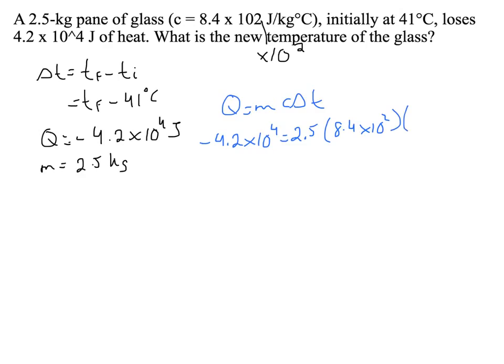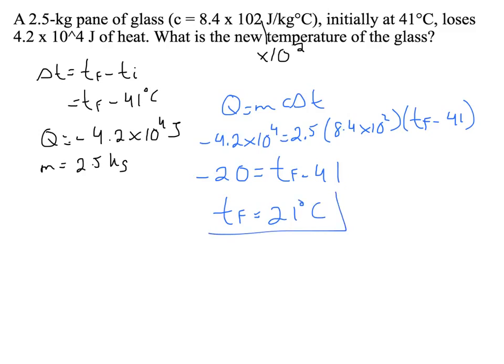And our delta T is going to be TF minus 41. Now a little bit more math involved, left side of the equation. Do a little division and you're going to get negative 20 equals TF minus 41. You rearrange and you get a TF value of 21 degrees Celsius.